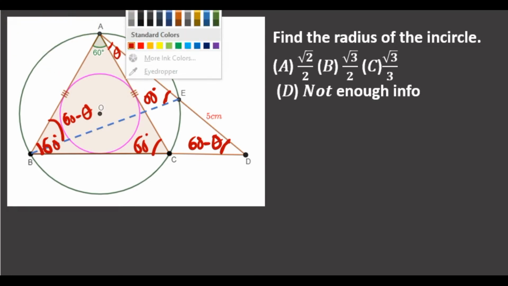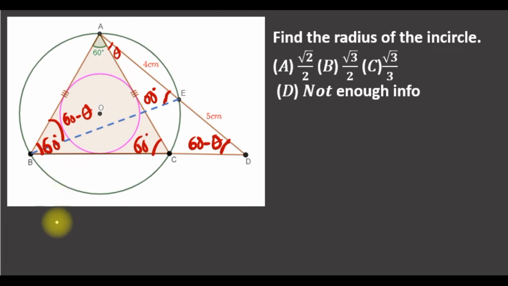Let me draw it so that you won't get confused. So the first triangle is triangle ABE. This is A. This is B, and this is E. The angles are this 60 minus theta. This is 60 plus theta.